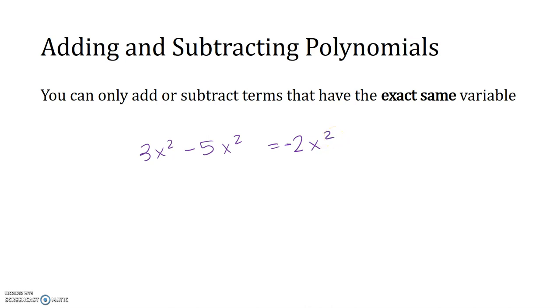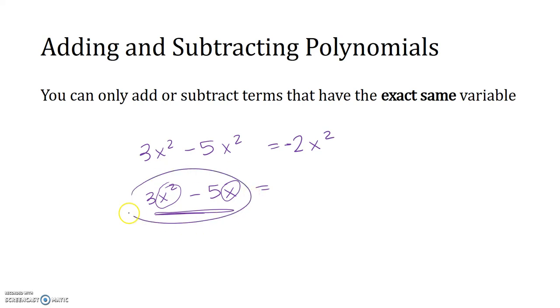But what you can't do is if it was 3x squared minus 5x. You cannot subtract these two numbers because they are not being multiplied by the same thing. X squared is not the same as x. That's like saying 9 is the same as 3. So the only way to really simplify this is just to leave it like it is.